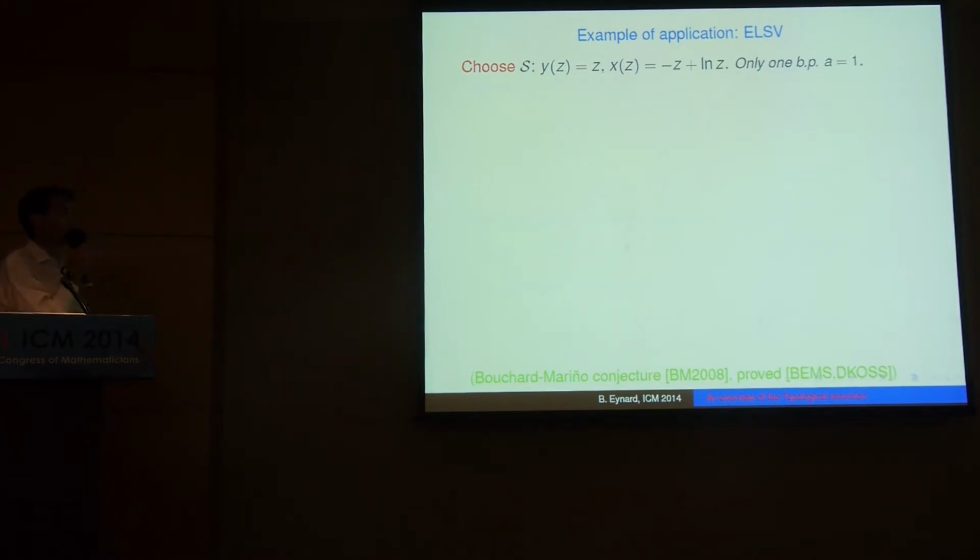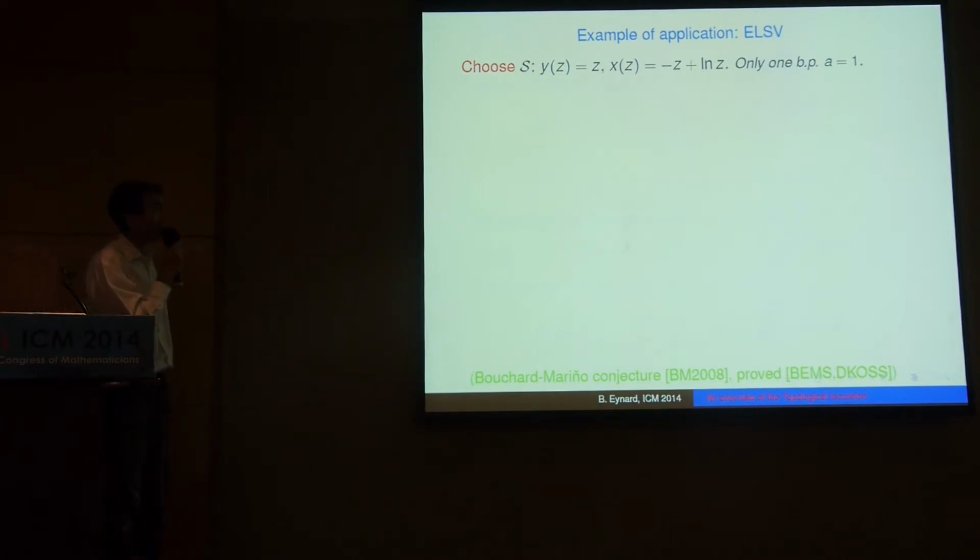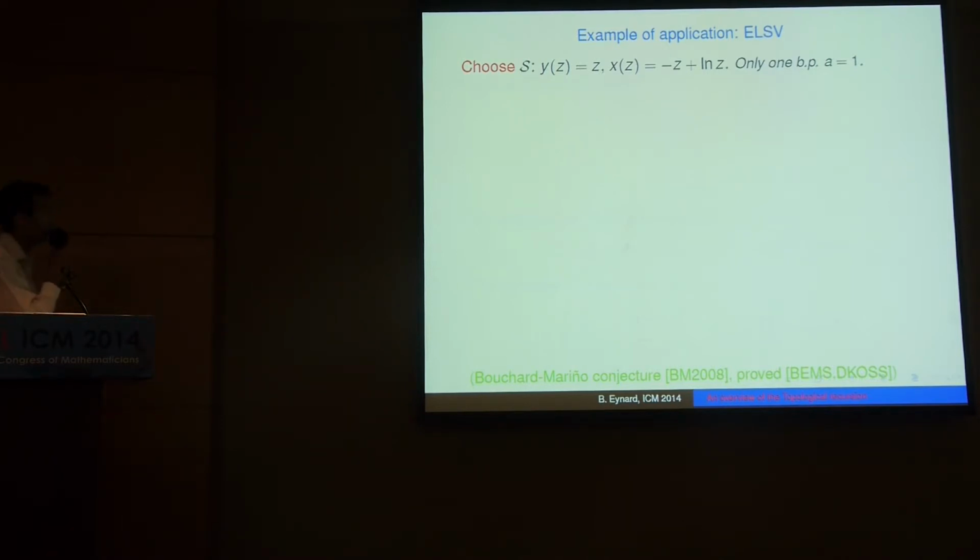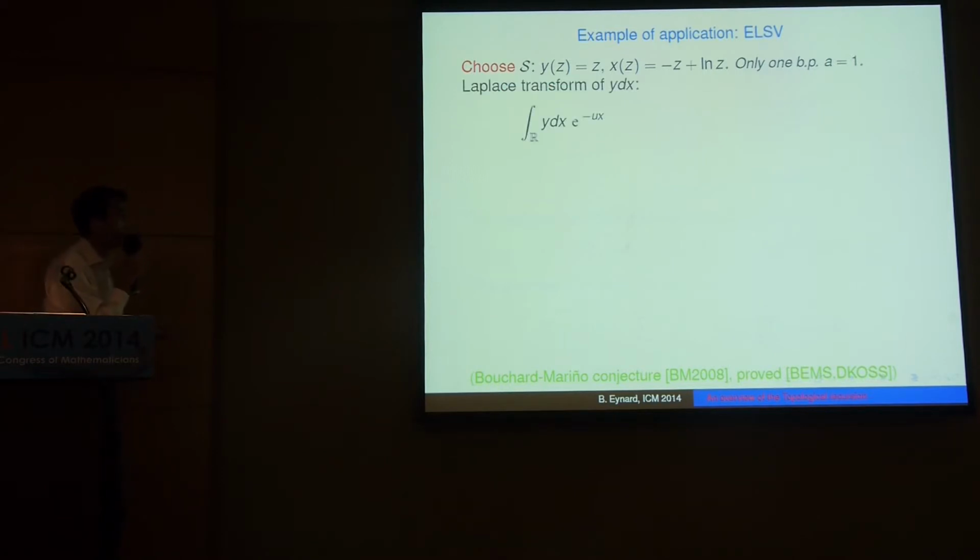On the Lambert function, for instance, it is the generating function for trees, and it's equivalent also to the generating function of simple Hurwitz numbers of genus 0. But so let's compute the Laplace transform.